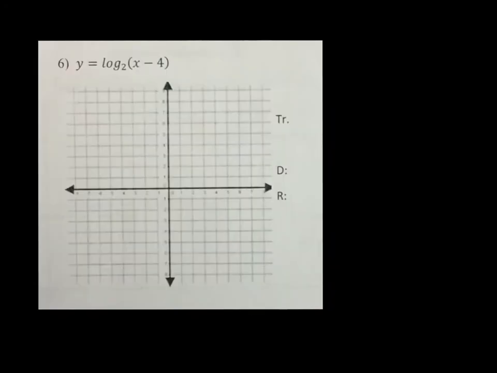We're going to pick up the pace now for these last 3. We have log base 2 of x minus 4, and the minus 4 is inside parentheses. That means it's going to be a horizontal transformation, and in this case, it's going to go to the right 4 units. If we go to the right 4 units, it will change our asymptote, and it will change our domain.